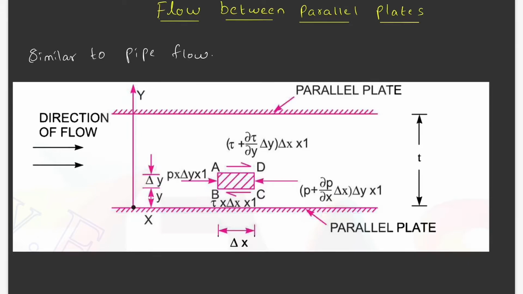This is the diagram of our consideration. The distance between these two parallel plates, that is the thickness, is T, and we are considering a small element ABCD, the same way we considered in pipe flow.